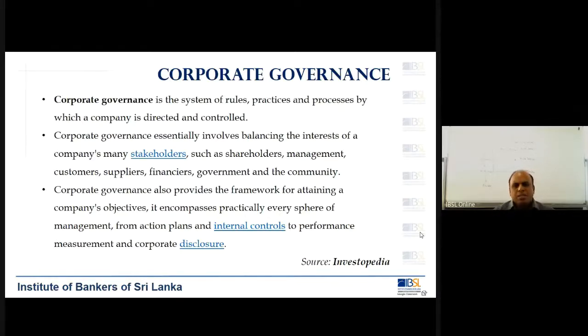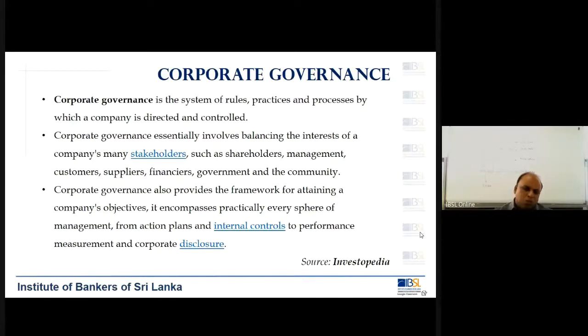Corporate governance essentially involves balancing the interests of a company's many stakeholders, such as shareholders, management, customers, suppliers. We have already discussed all this. There could be several stakeholders. The importance of corporate governance is to ensure that there is equitable treatment for all these stakeholders.